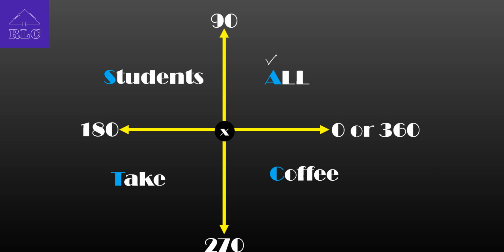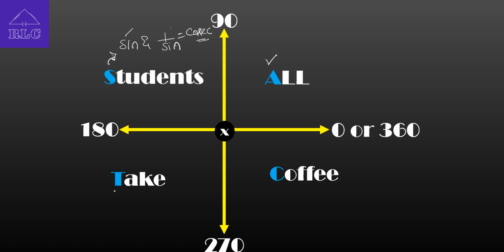The first letter, A, represents all functions in the first quadrant. Next, in the second quadrant, in the word students, S represents sine and 1 by sine. Sine theta is positive, and 1 by sine, that is cosecant, is positive in the second quadrant.